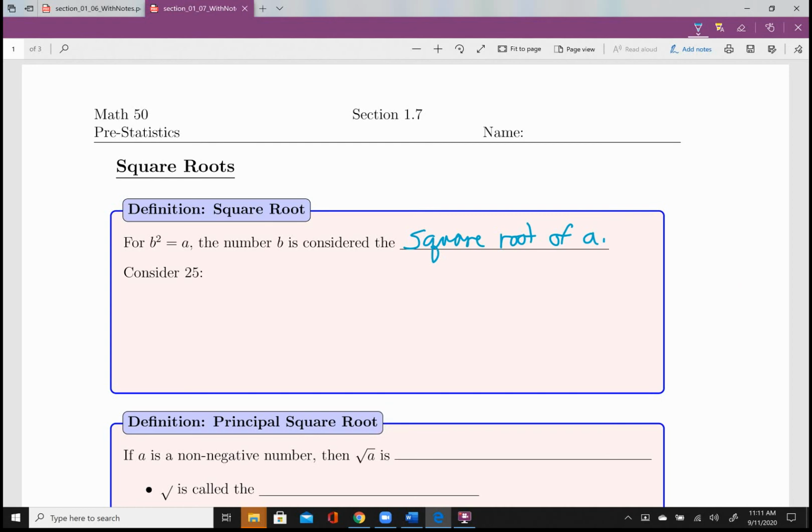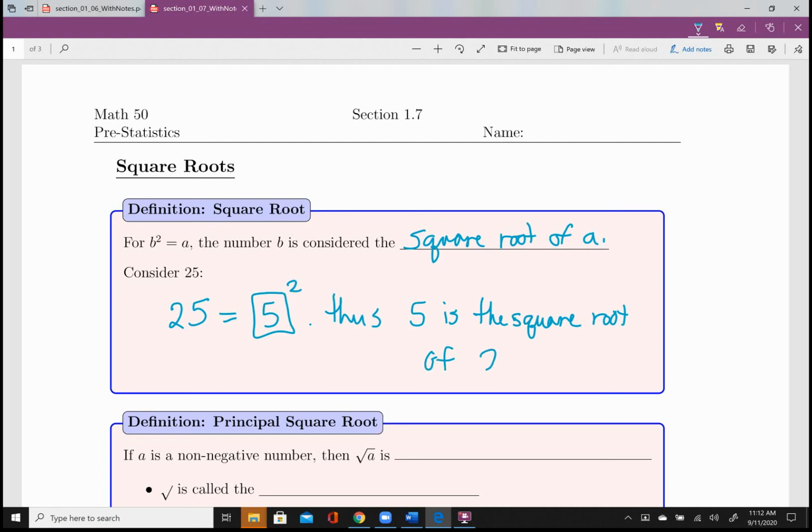So that means that 25 can be rewritten as something squared, right? And what is that something, the base that it could be squared in order to give us 25? Well, it would be 5. So then we would say, thus, 5 is the square root of 25.